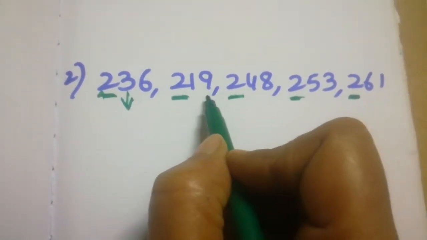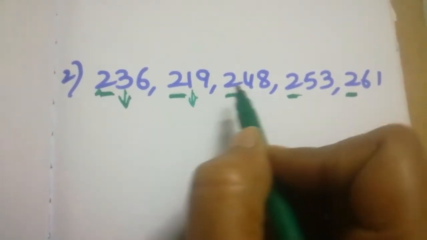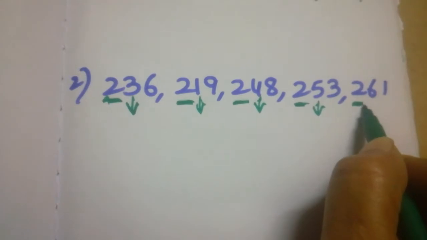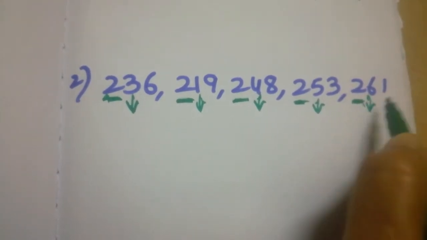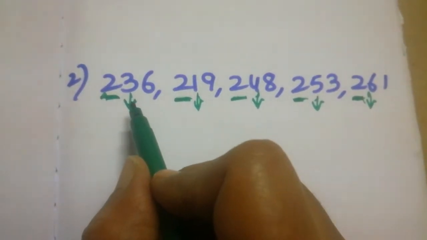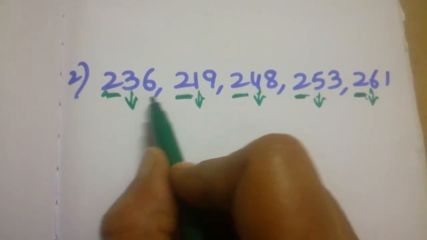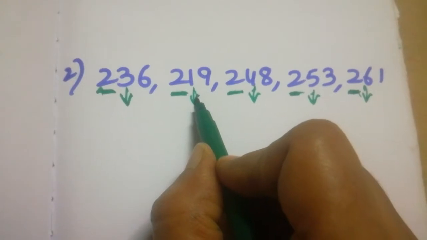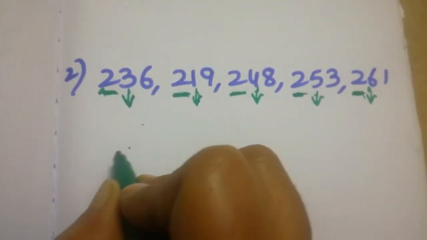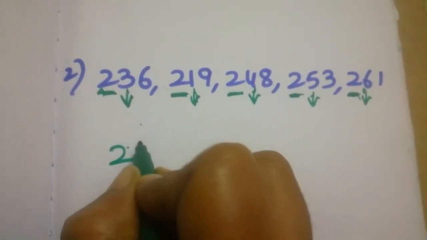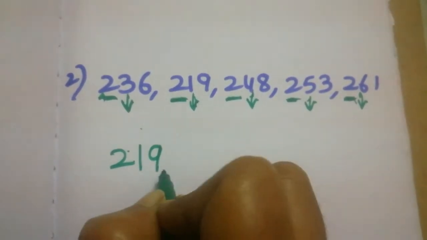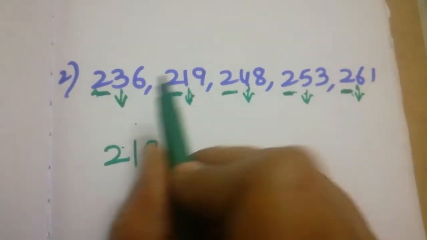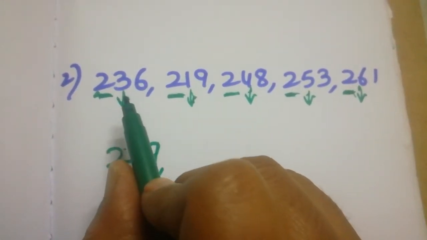Here you have 3, here you have 1, and here you have 4, and here you have 5, and here you have 6. So now compare the digits in the tens place. If you compare, which is the smallest? 1 is the smallest. So the first number you have to write is 219. If the hundreds place have the same digit, you have to compare the tens place digit.